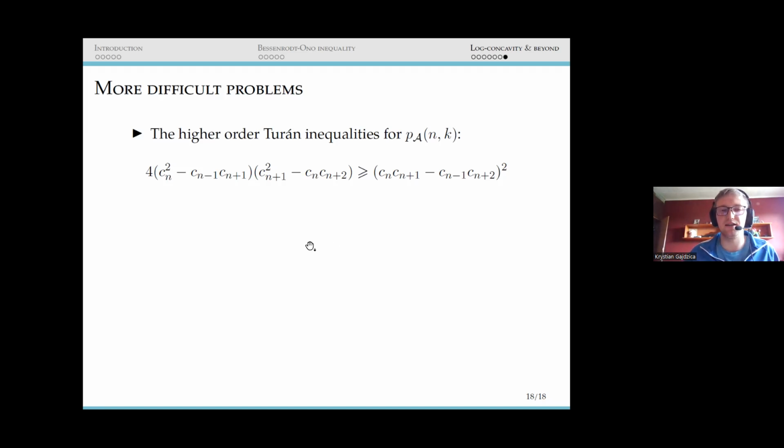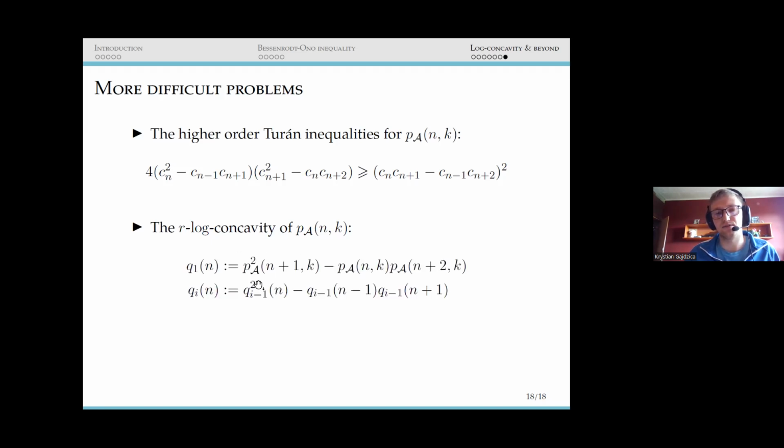There is another intriguing question, namely the so-called r-log concavity of the restricted partition function. So that is related to the following sequences, namely we define recursively the sequence Qi of n by putting Q1 of n is just the value of the function capital delta of n plus 1, and Qi of n is of the following form.